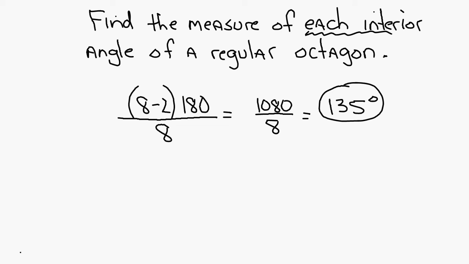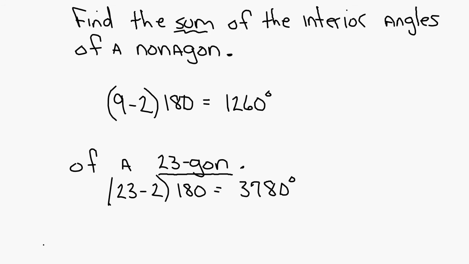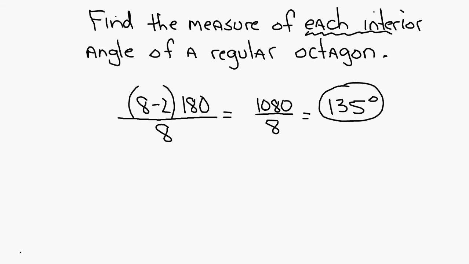In the other problem, they asked for the sum of the interior angles. So be careful when you read the problem. If they're asking for just the sum, it's n minus 2 times 180. If they're asking for the measure of each interior, it's n minus 2 times 180 divided by n. Okay?